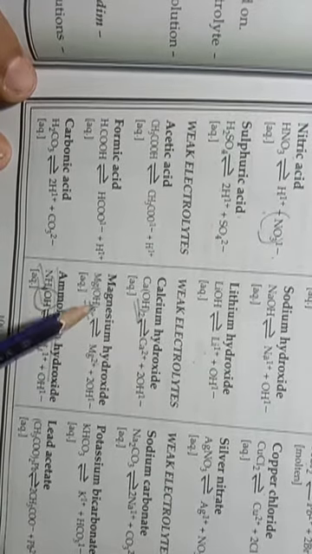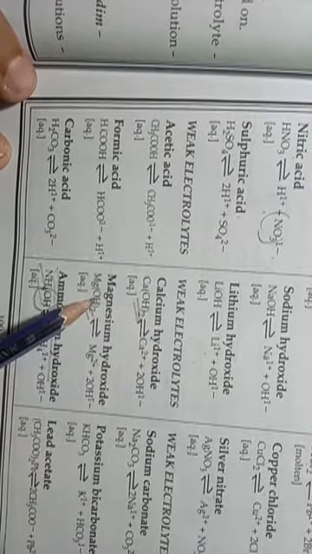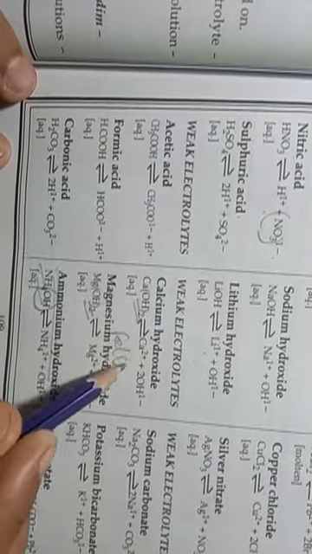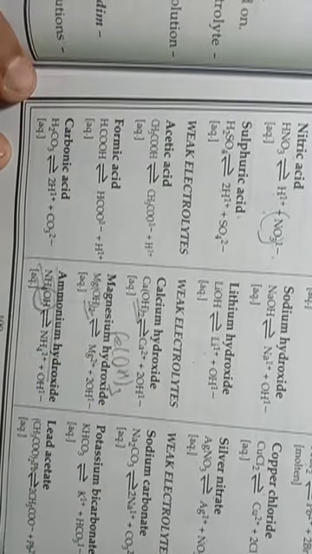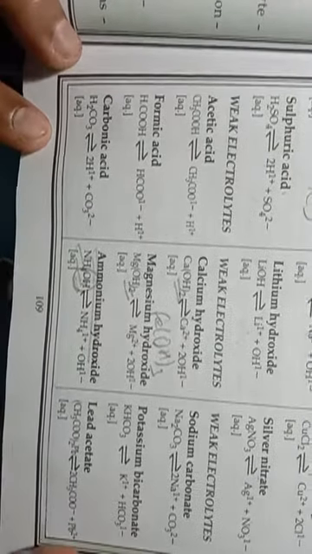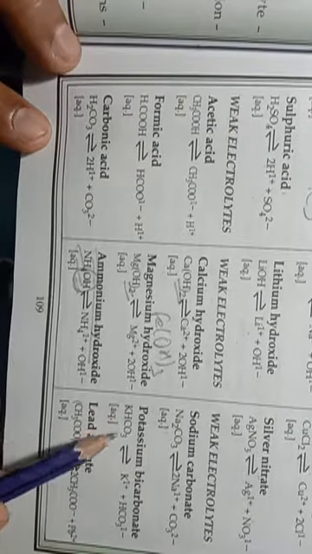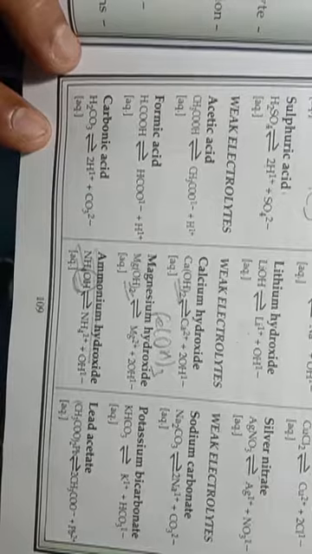Okay students, all such alkalis which are having more than one OH- ion, like Fe(OH)3, will be weak electrolytes, and this one is exceptionally weak, having 1 OH- ion. Then weak electrolyte salts: sodium carbonate, potassium bicarbonate and lead acetate. These all are weak salts.